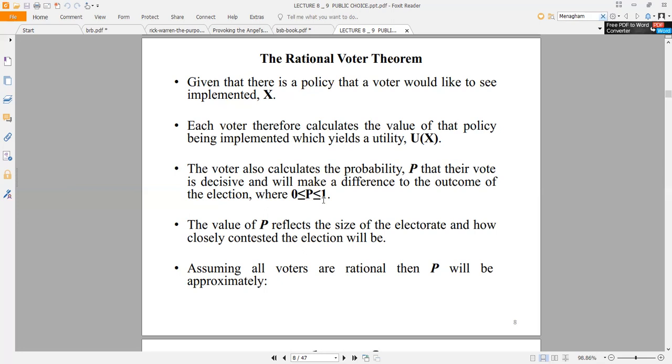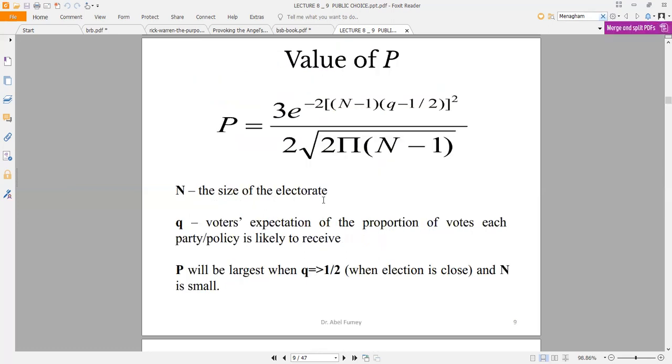Now, if we assume that all the voters are rational, which is a stronger assumption, then we approximate P to be of this value. P is the probability that your vote is going to be decisive, or actually going to make a difference to the outcome of the election.